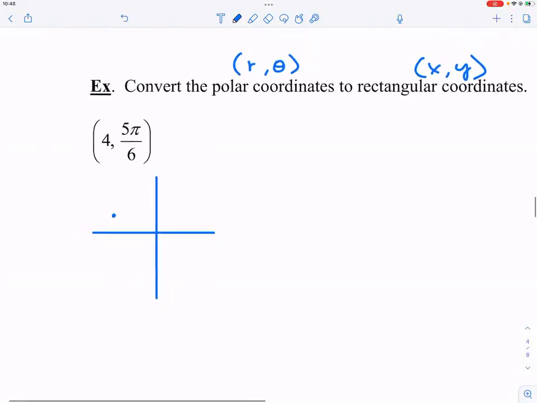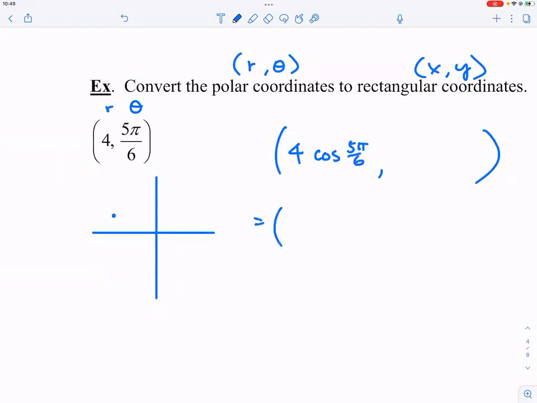Well, what's x again? X is r cosine theta. So we have the r, we have the theta, and hey, let's go figure it out. R cosine theta. Do you still remember what's cosine of 5 pi over 6?